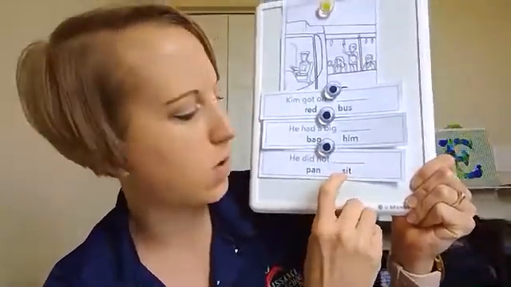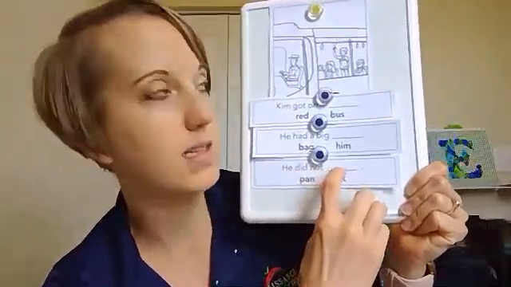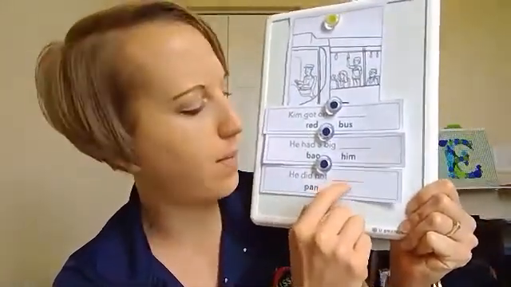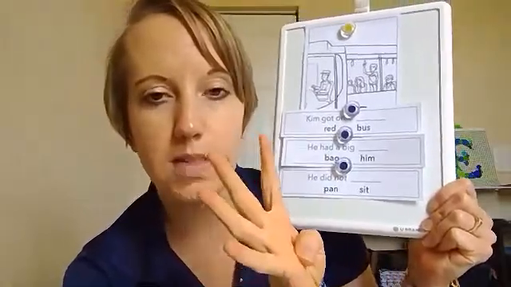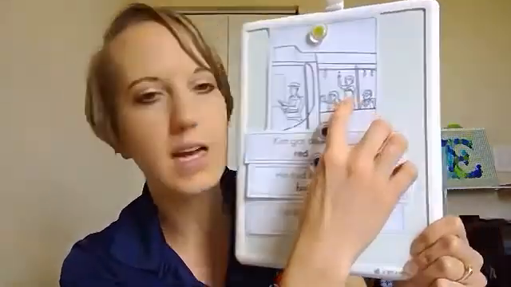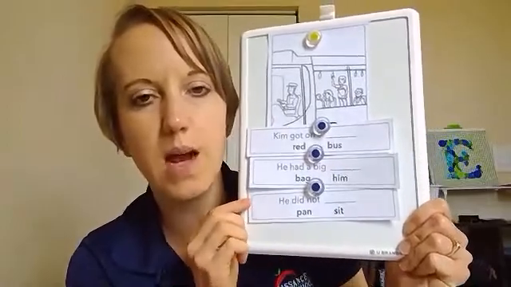Let's try the next word, sit. He did not sit. I think that makes sense. So I'm going to have sit be my answer there. So remember, the fourth step is to check the picture to the sentence. He did not sit. I do see a boy in there who's not sitting, so that seems to match.